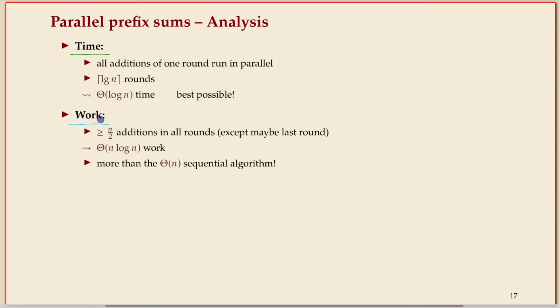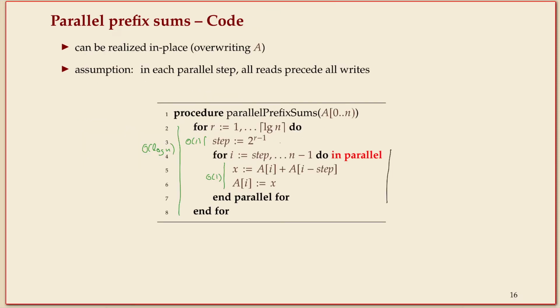If we look at work, the only difference, so this is the same. This is the same. The difference is that this loop now is done for all the different positions. We sum that up. And I'll be generous and say this is order n. Some iterations later are cheaper.